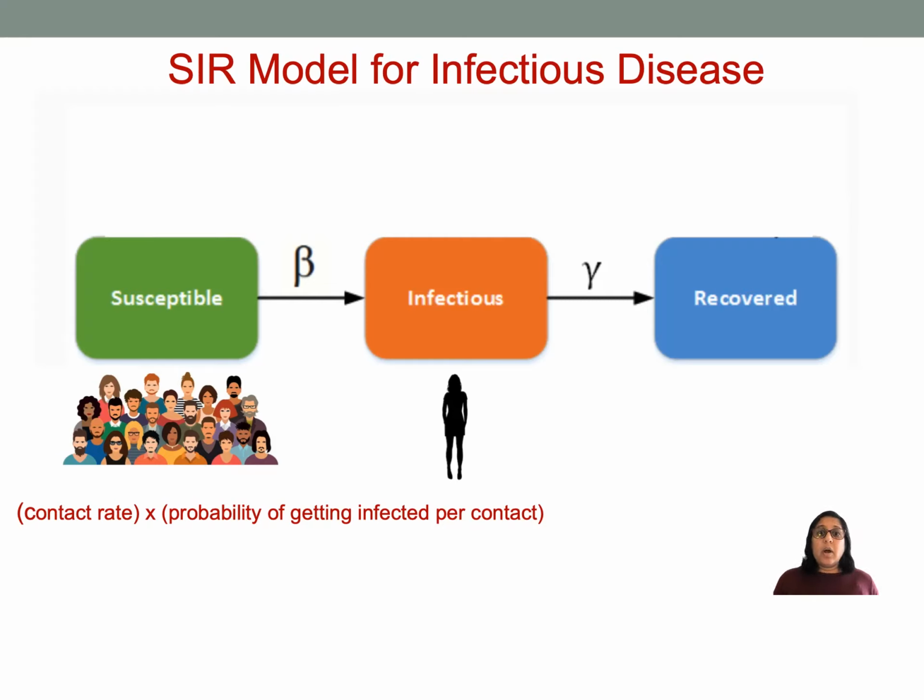So, for example, if you run into 100 people a day and they also interact with 100 people a day and they're not wearing masks nor social distancing, it's probably likely that you're going to move from susceptible to infectious at a higher rate, or in less time, than it would take for somebody, let's say, that's only interacting with close family members, wearing masks, social distancing, and so forth.